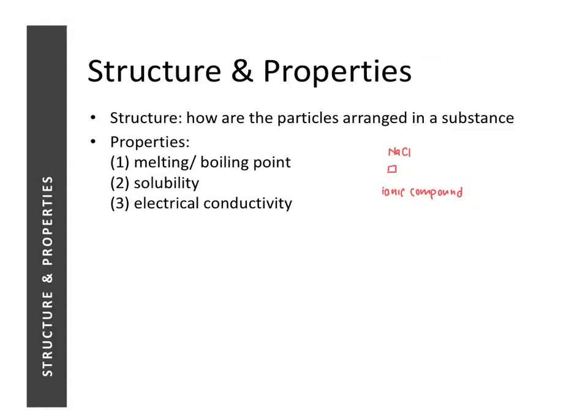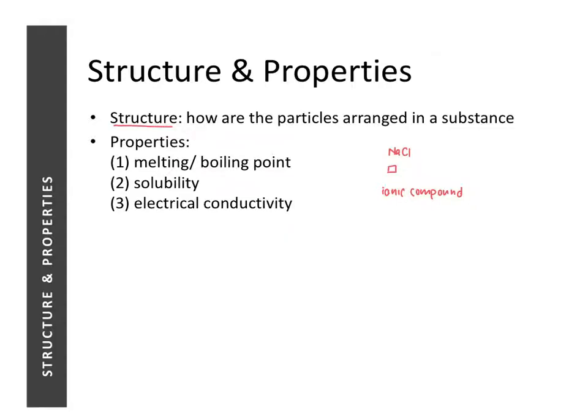So by structure, it means if I were to zoom into this crystal until I can see the sodium ions and the chloride ions, the way in which the sodium and chloride ions are arranged in a crystal is known as the structure.